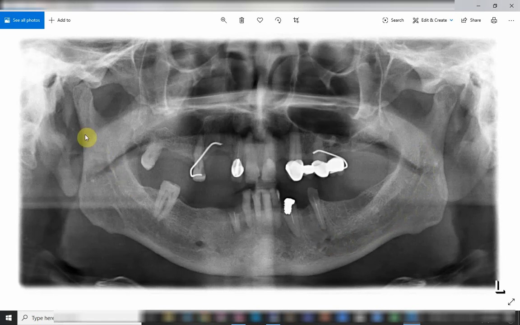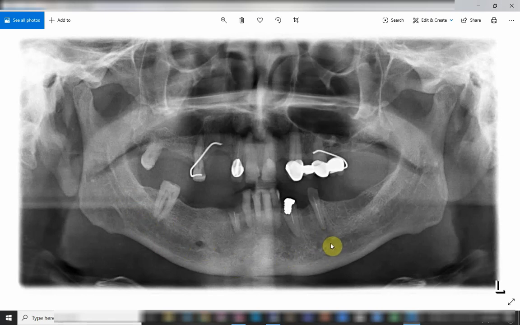If we go to this other side, again it starts from the mandibular foramen, goes downwards and then forwards, passing through the submandibular gland fossa, and then again it goes anteriorly and loops back again in a posterior direction ending in the mental foramen. You can see that the mental foramen, in relation to its position to the apex of the lower 5 or the lower 4, differs.